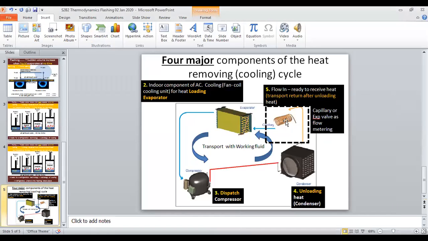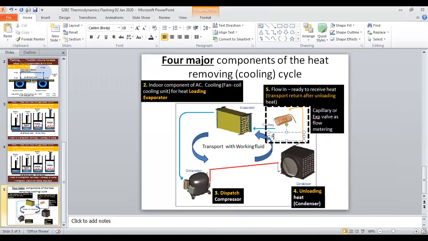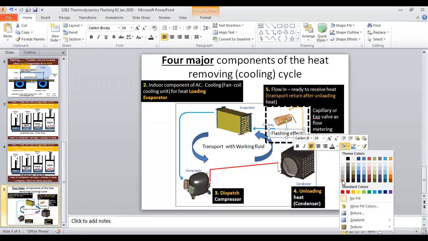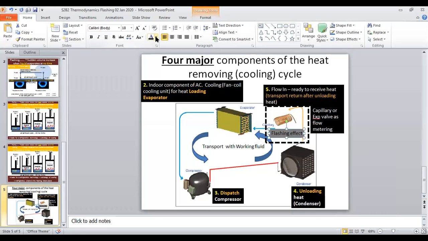Yes, here, this component possesses the flashing effect.